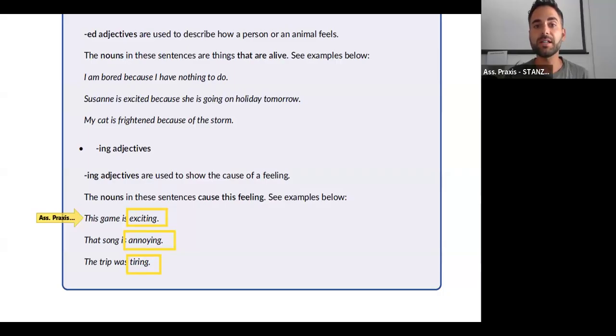Exciting, the game is exciting, so I am excited. That song is annoying, so I feel annoyed. That trip was tiring, that's why I am tired. We're going to look at a few sentences now.